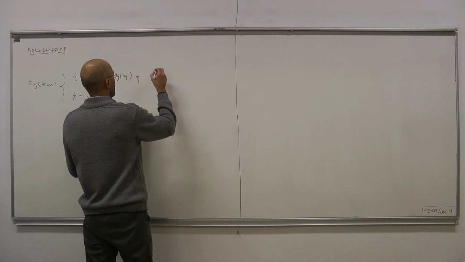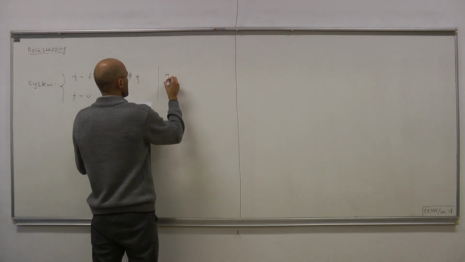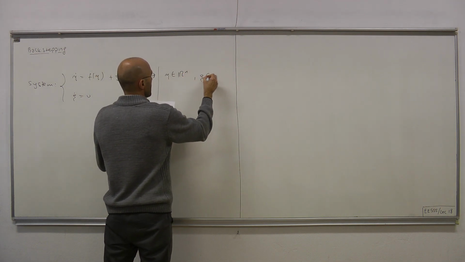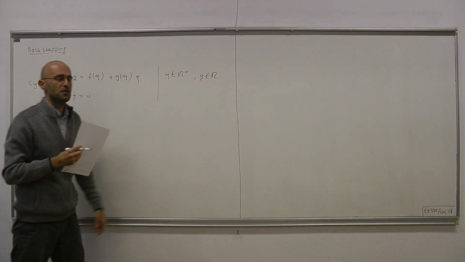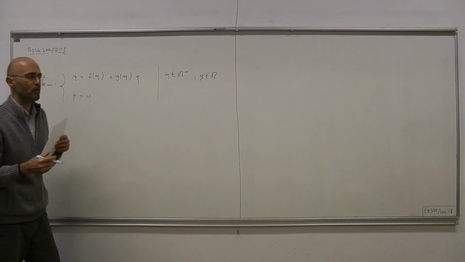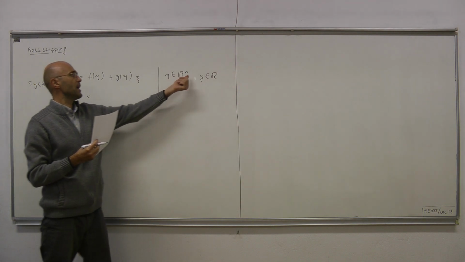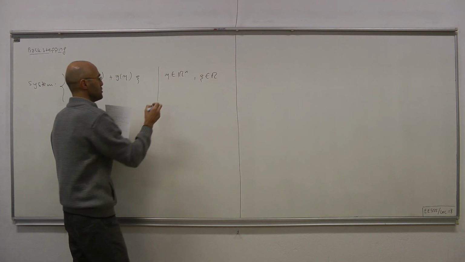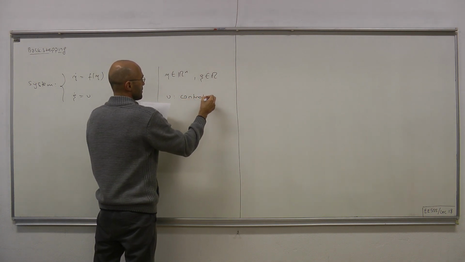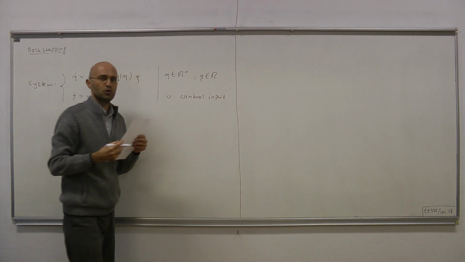So let's write them down. Eta is a vector in R^n, xi is a real number, a scalar, and together they make the state of the system. So the order is n plus 1, and u is what we call the control input.